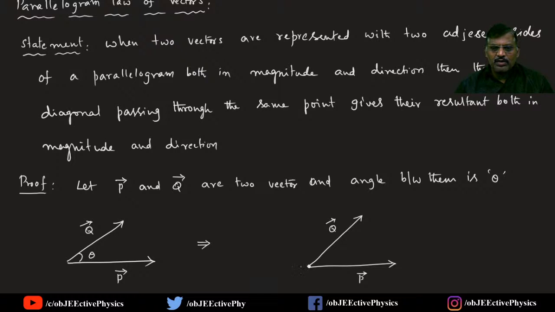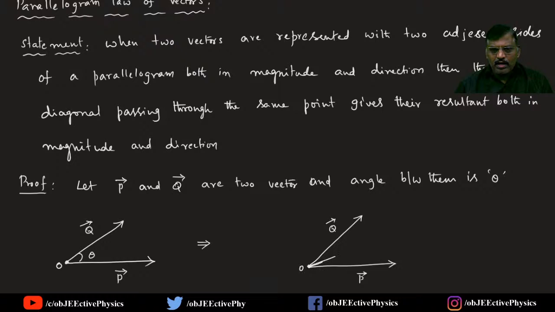Let us take O as a point. The two vectors P bar and Q bar act simultaneously at the same point.